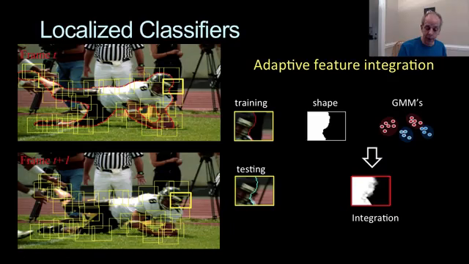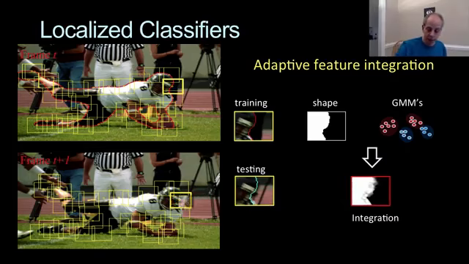The important part here is that from what we already know, we can get for every block a distribution of probability of shape and probability of colors, merge them, and then we get a probability of every pixel being either foreground or background. That happens for every single one of these blocks that have moved from the previous frame.